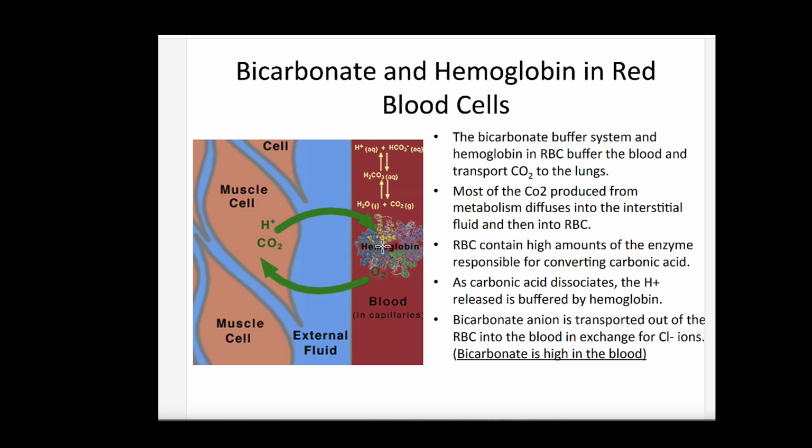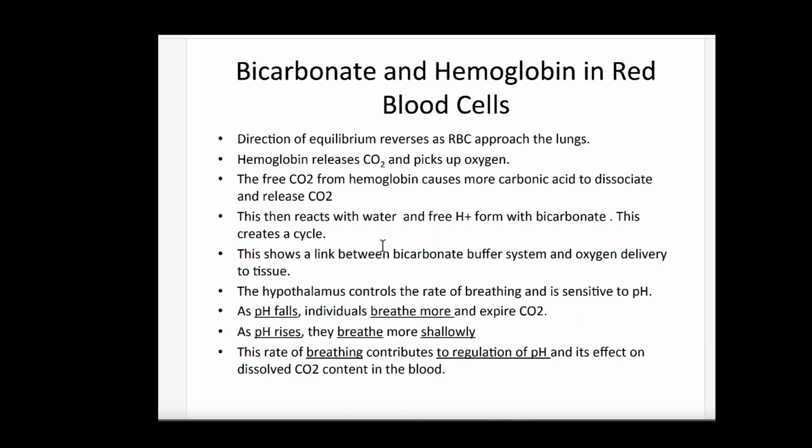Let me repeat that again. The hypothalamus is sensitive to pH. And because of this connection, as your pH falls, the individual is going to have a change in their breathing patterns. As it becomes more acidic, you're going to breathe more to expire CO2 to prevent the dissociation of carbonic acid.